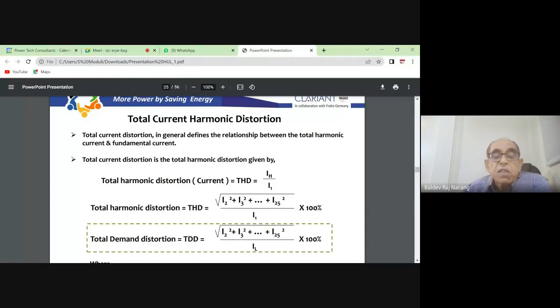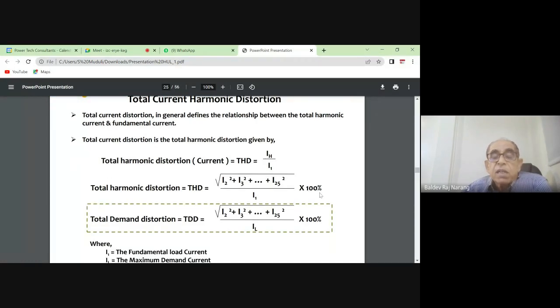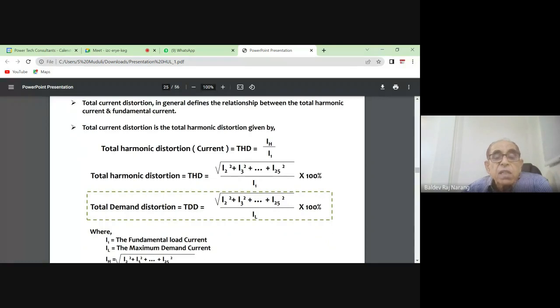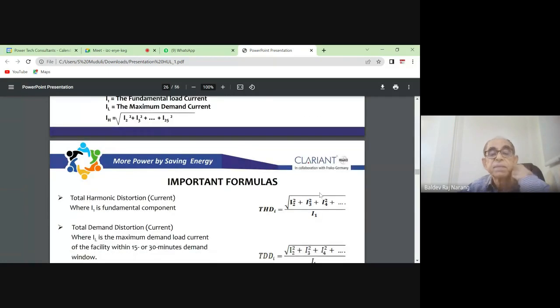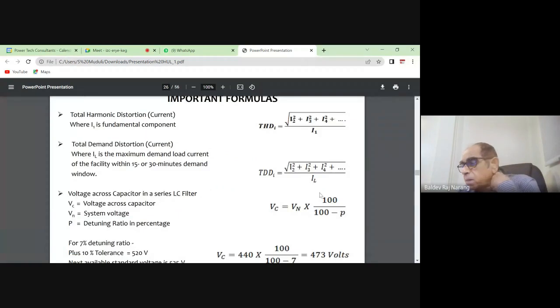That is our THD value. These are directly given by the analyzers. And then for the demand distortion, instead of I1, we have IL in the denominator. So these are the same thing, THD, TDD and all.